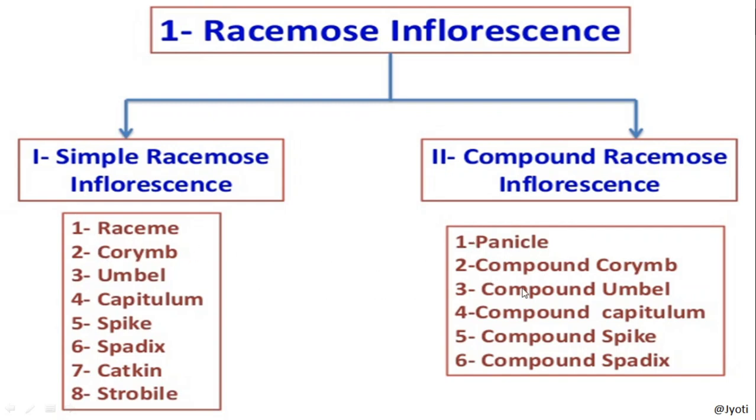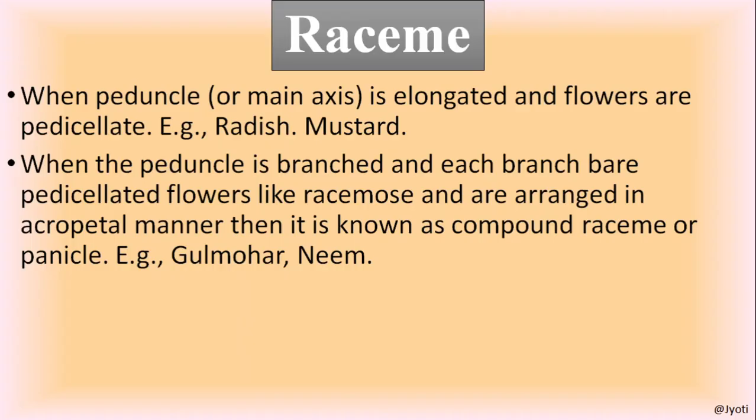When corymb is branched, it is called compound corymb. When umbel is branched, it is called compound umbel. When capitulum is branched, then compound capitulum. When spike is branched, it is called compound spike. When spadix is branched, it is compound spadix. We'll discuss the simple and compound racemose inflorescence, both types, side by side.